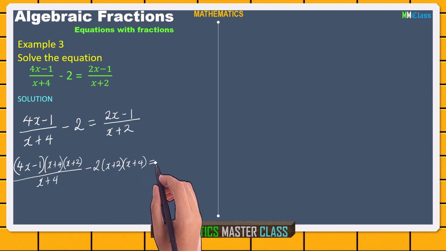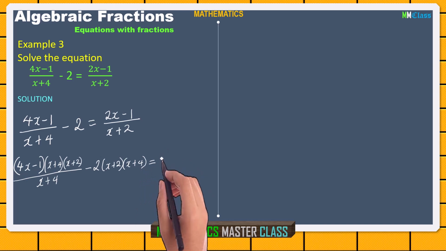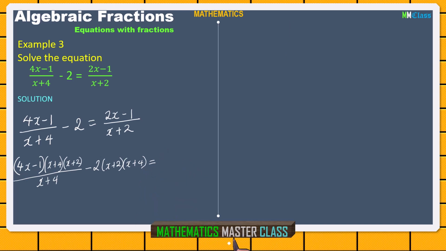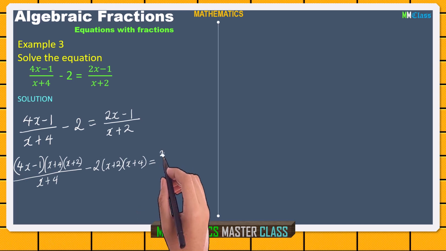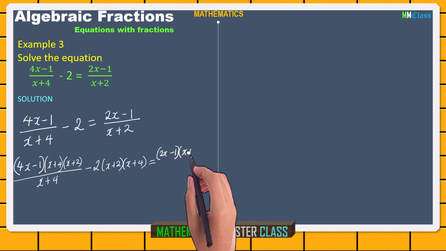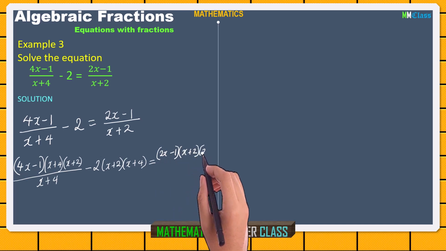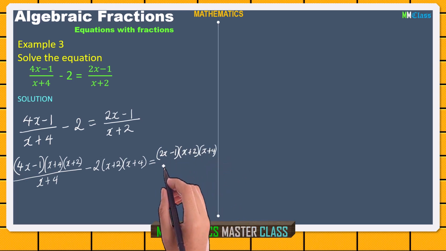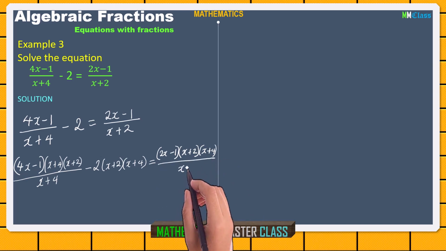This will be equal to 2x minus 1 times x plus 2 times x plus 4 all over x plus 2.